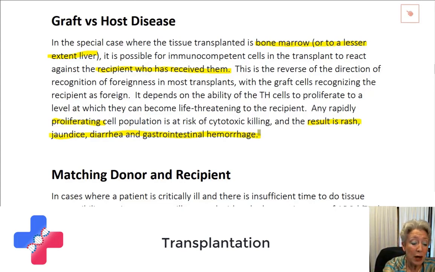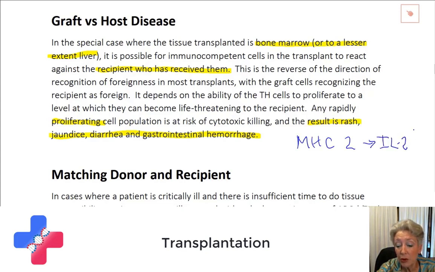And if you remember how that worked, remember, when I have stimulation of immune cells with a signal involving MHC class 2, the net result is that I make interleukin 2, or as we said, 4, and those are my cloning cytokines that result in the cells eventually dividing in two.